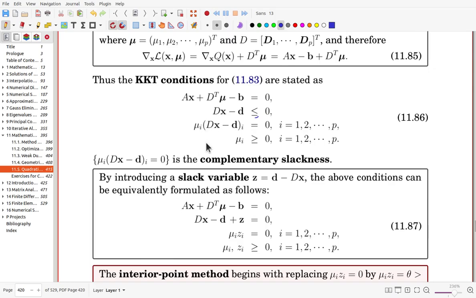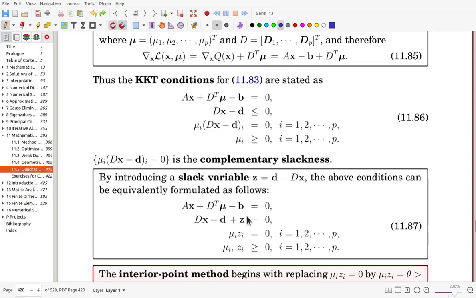Now, solving this system is not so convenient because we have an inequality here. So rather than using this inequality, we make it an equality by adding some non-negative quantity. So we add something: z is the same as d minus Dx. Anyway, we add a non-negative term such that the inequality becomes equality. That's the main idea.